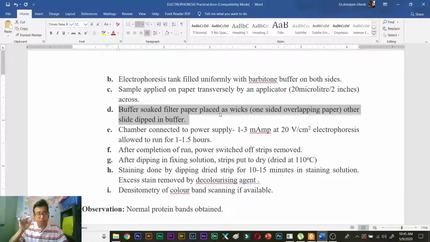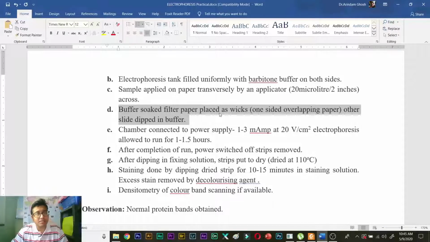The filter papers are cut in small strips. They are dipped in the buffer. One side of the filter paper is in contact with the gel and another side is in contact with the buffer.